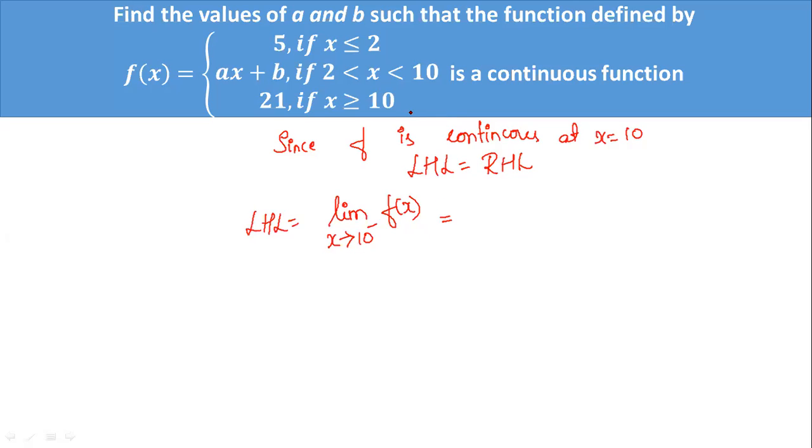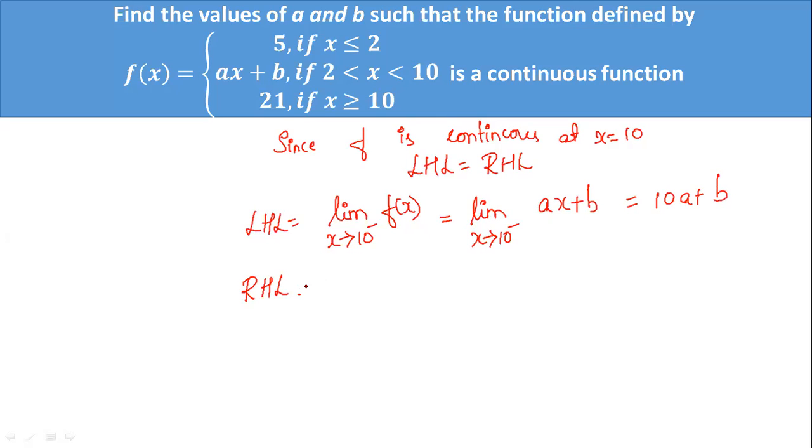When x is less than 10, the function is ax plus b. So it is the limit of ax plus b as x tends to 10 from the left, which is equal to 10a plus b.